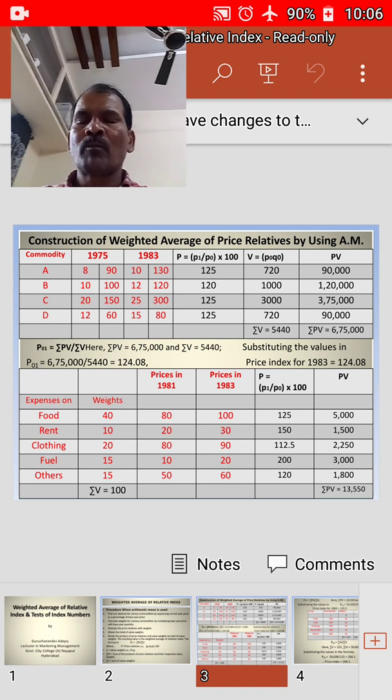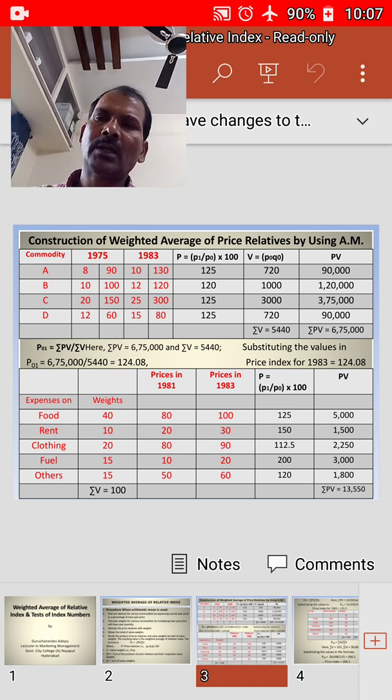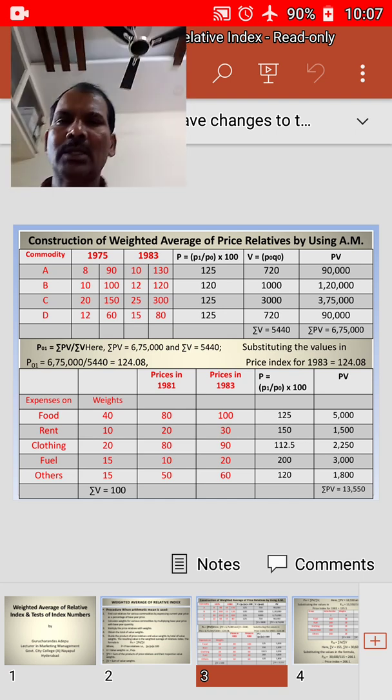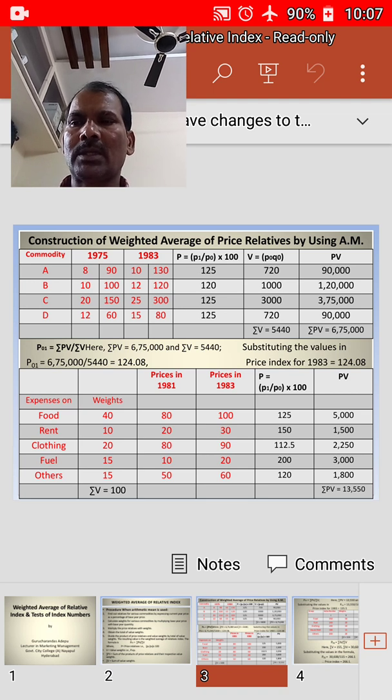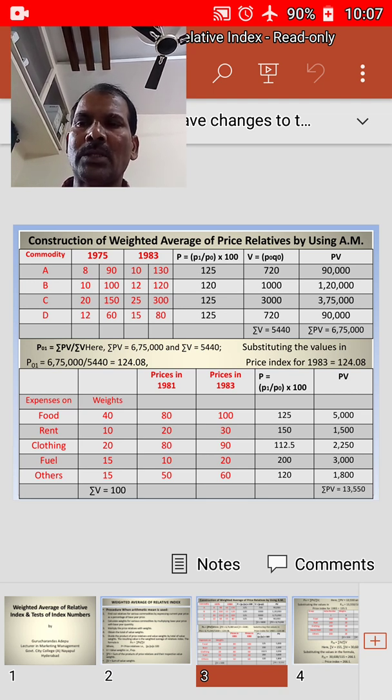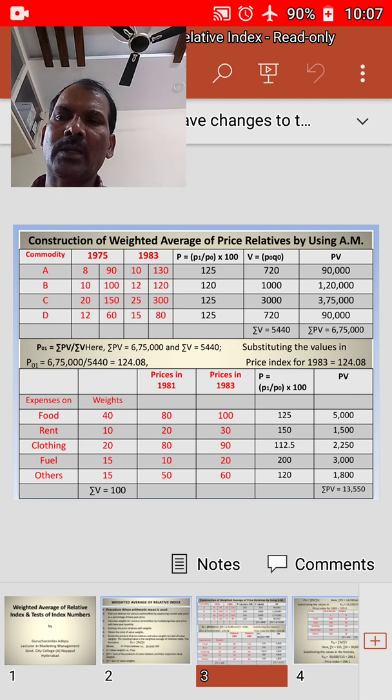That is, v has given in value weights, need not to be considered, calculated, but whereas given p0 and p1, the prices in the 1981 is considered as base year prices, and the prices in the 1983 are considered as current year prices. Okay, in order to get price relatives, p1 by p0, that is 1983 price by 1981, 100 by 80, that is 1.25 into 100, 125. In the same manner we calculate for all these things.